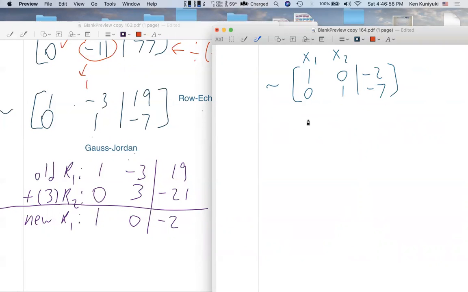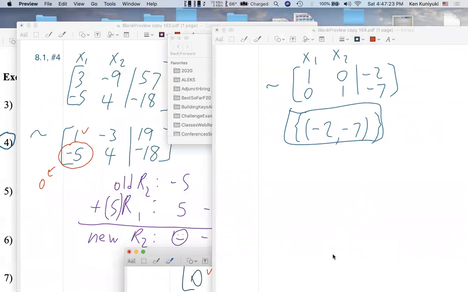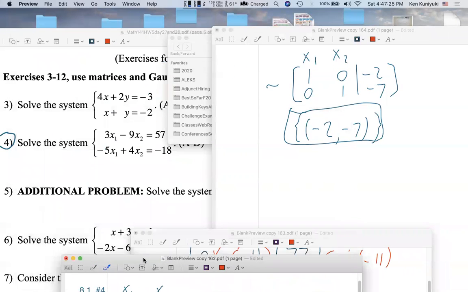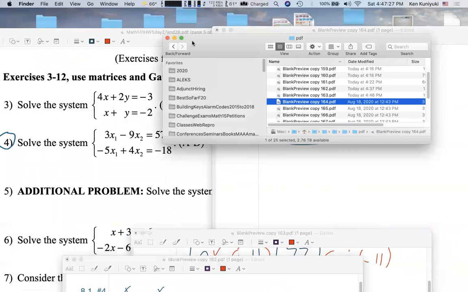What's the solution as an ordered pair? -2, -7. Careful, don't flip your sign there. You have the right order. You read down, because x1 is -2, x2 is -7. You don't have to do that reverse order thing from Gaussian elimination. Put the braces, and voila. If you really want to, you can check, or you can check my answers. I have the answer, but on a final exam, people could check anyway.